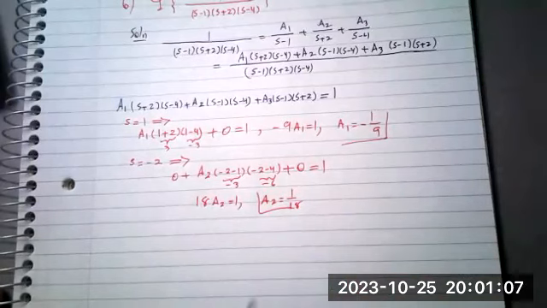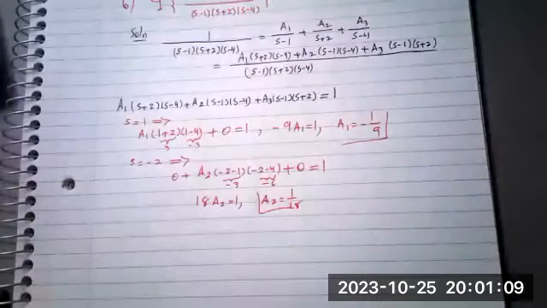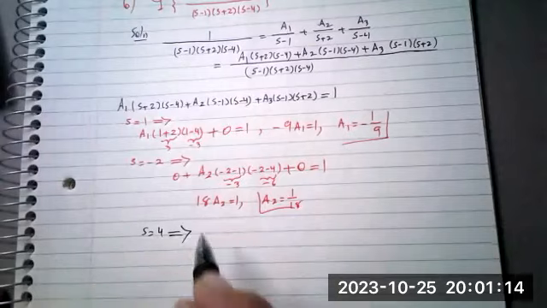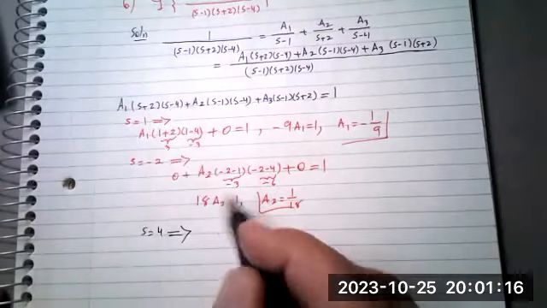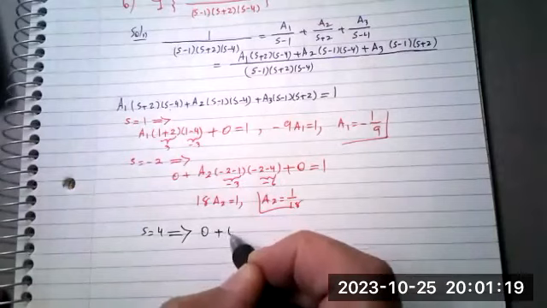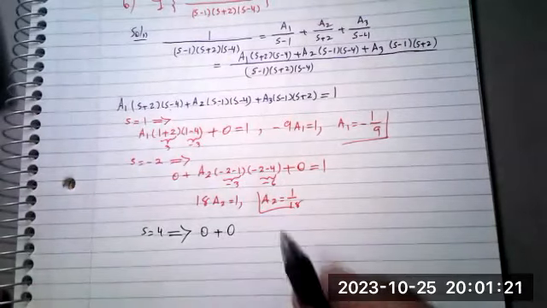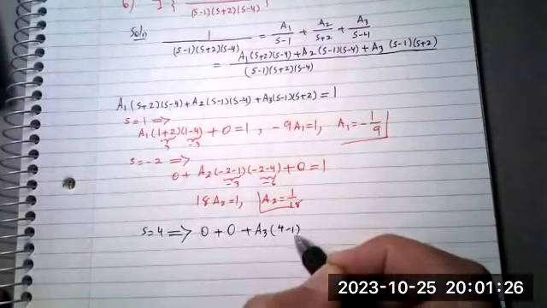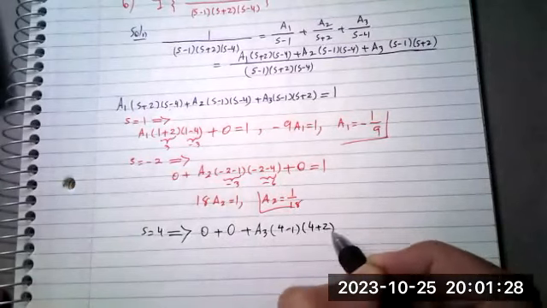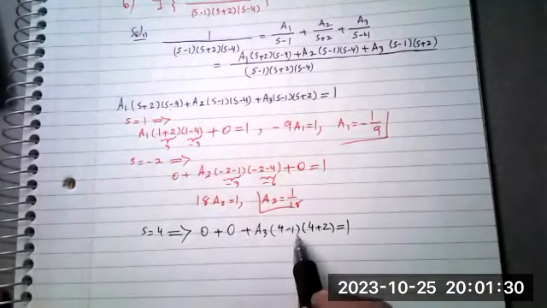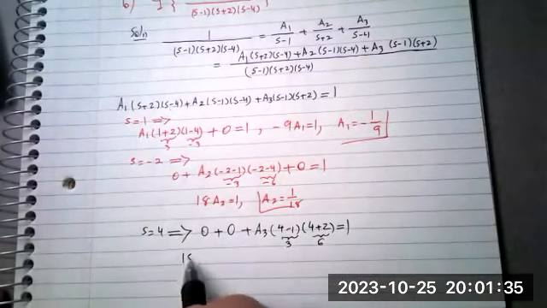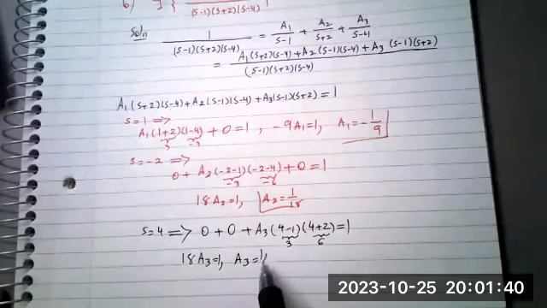Okay, the third number is s equal to 4. Again, the first one would be 0 because of the s minus 4, and the second one would be 0. So we get to the third one: A3 times (4 minus 1) times (4 plus 2) equal to 1. That gives you 3, that gives you 6, 6 times 3 is 18. So A3 would be 1 over 18.